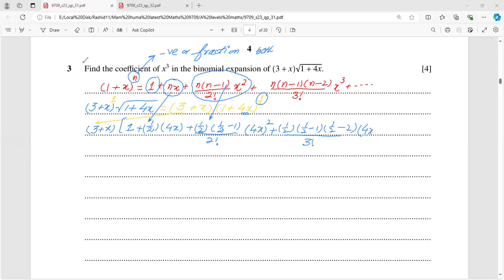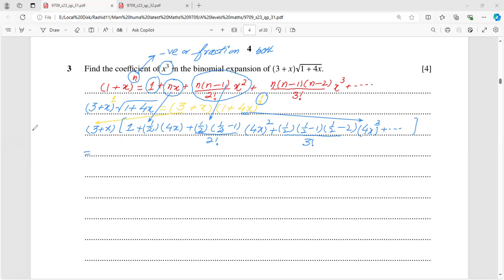Remember that these terms are very important. You have to write over here. And now this becomes the cube and plus so on. There is no need to write other terms because we need the coefficient of x cubed.